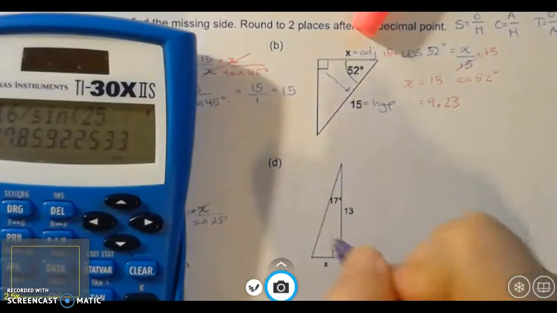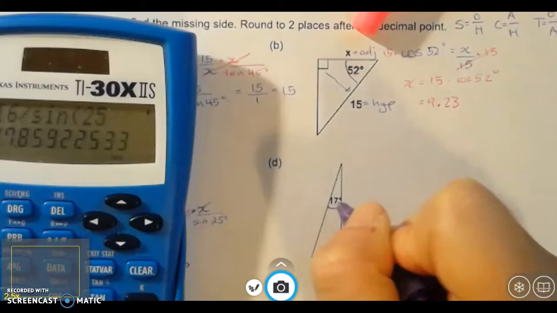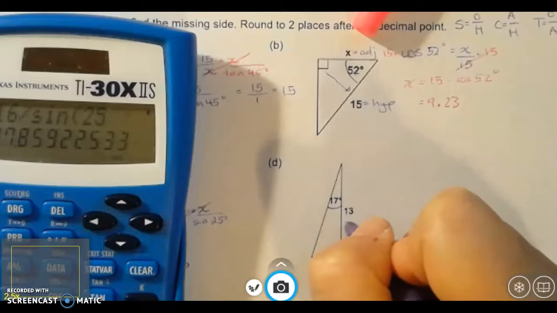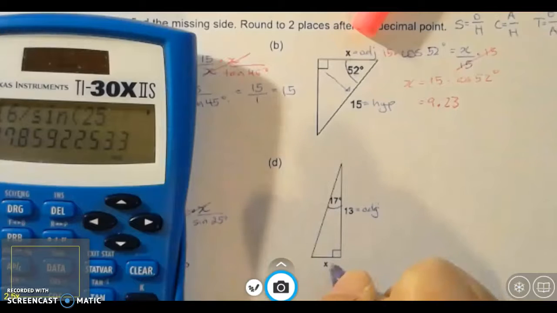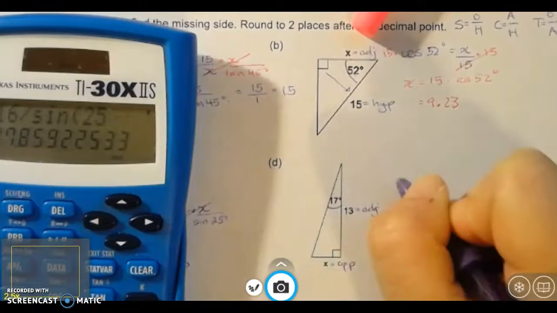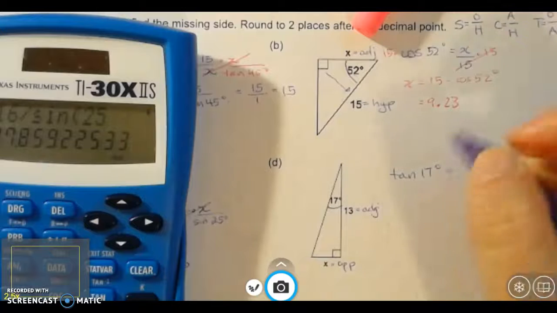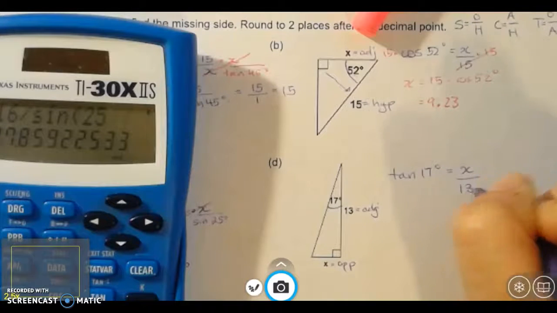Next up, D. What do we have? A right angle triangle with a reference angle of 17 degrees. Relative to 17 degrees, this is my adjacent side and this is my opposite side. So I'm dealing with tangent of 17 degrees is opposite, which is x, divided by adjacent, which is 13.